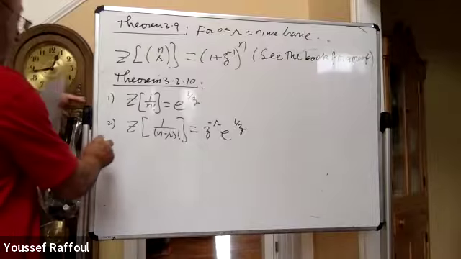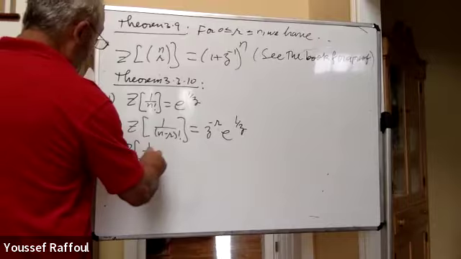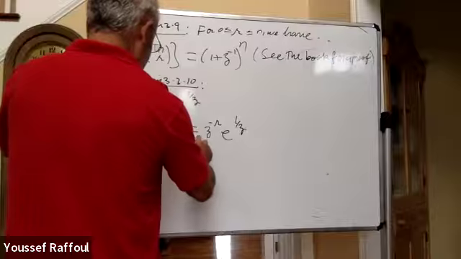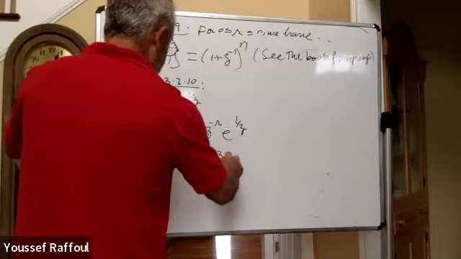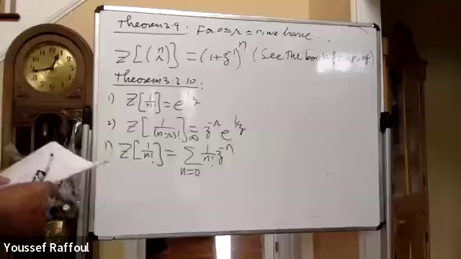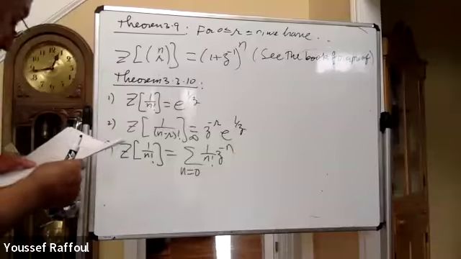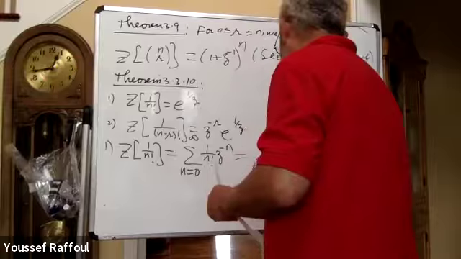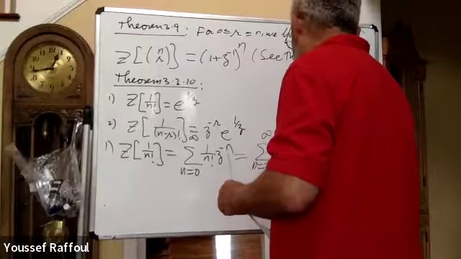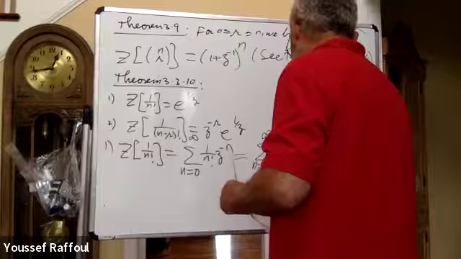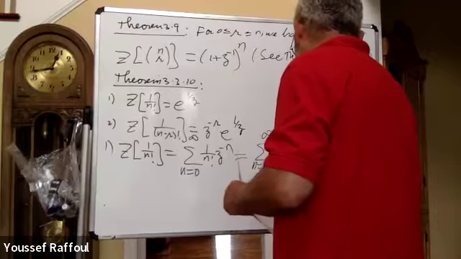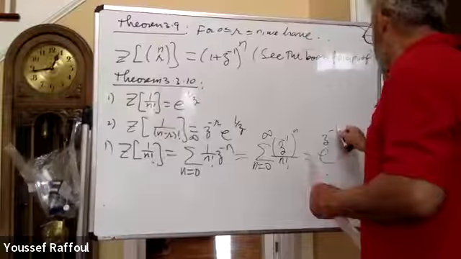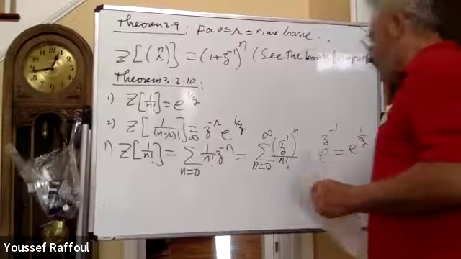Well, we'll do the proof of 1. The Z transform of 1 over n factorial is the sum from n equals 0 to infinity of 1 over n factorial times z to the minus n. And that is the sum from n equals 0 to infinity of (z^(-1))^n over n factorial, and that is e to the z^(-1), that is e to the 1 over z.